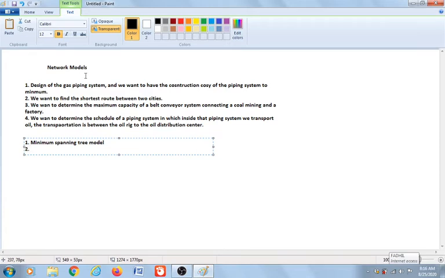Problem number two, the shortest route, we can solve by using the shortest route model.